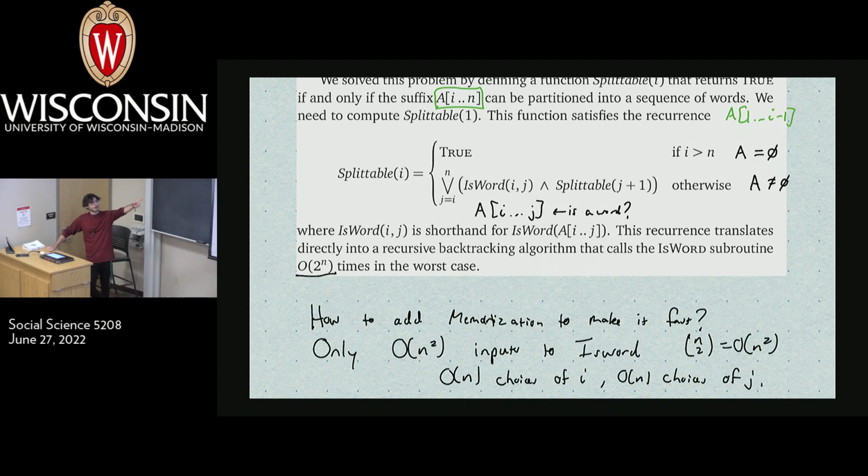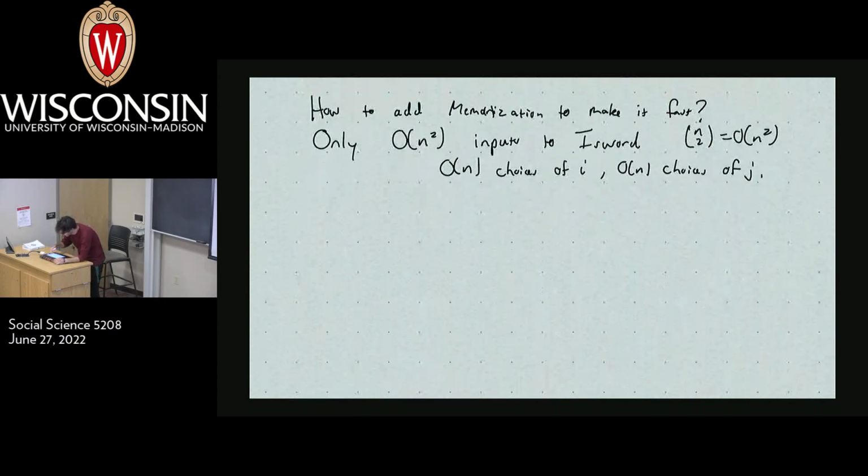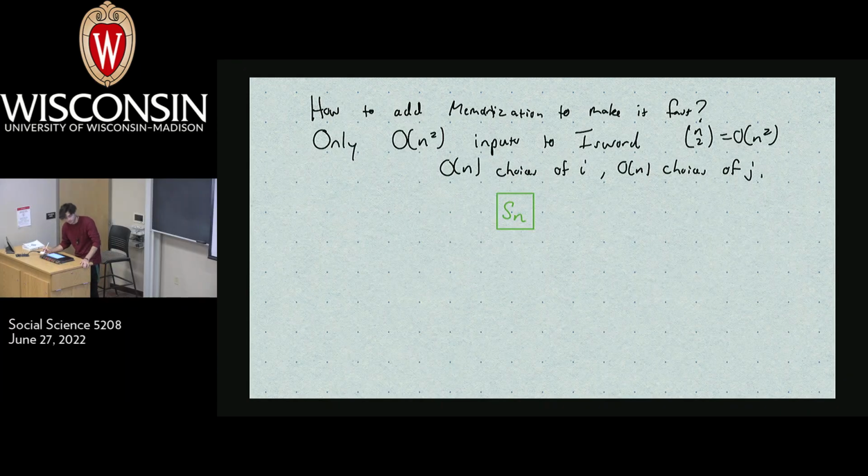So what thing here are we possibly repeating many times? Well, let's draw out the recursion tree. So we're computing split of n. I'll just call it S(n). So when we compute split of n, we have recursive calls to split of 1.